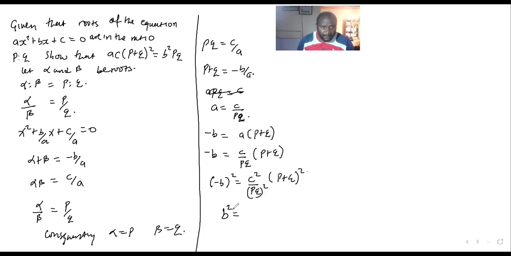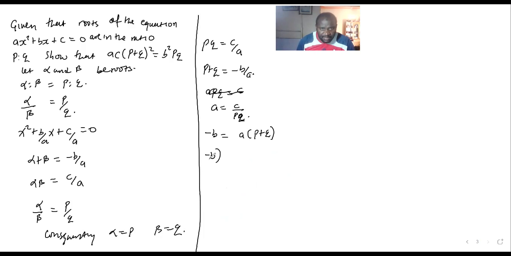Wait, where is the b? Something I've missed here. Let me take the b from here. When I square it from there, you're going to have negative b squared is equal to a squared into P plus Q squared.